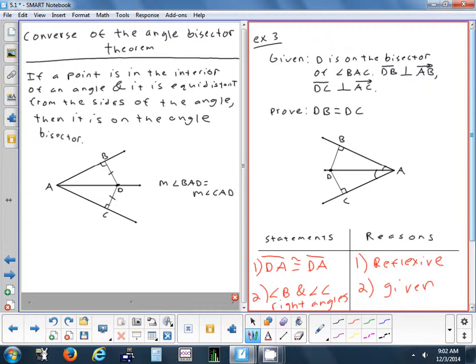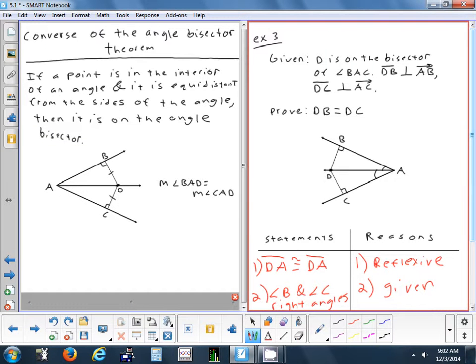What else do we know? It says D is on the bisector, oh yeah, we do know. We do have some bisectors here. So how would we name the two angles that are congruent?